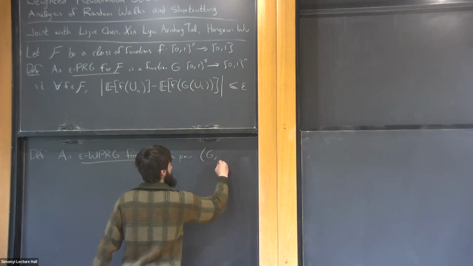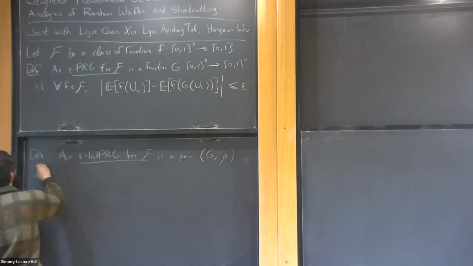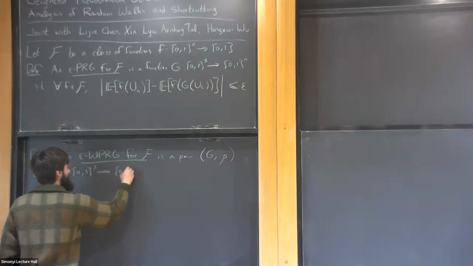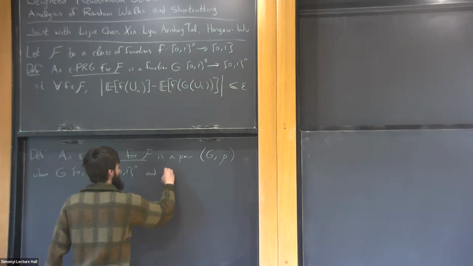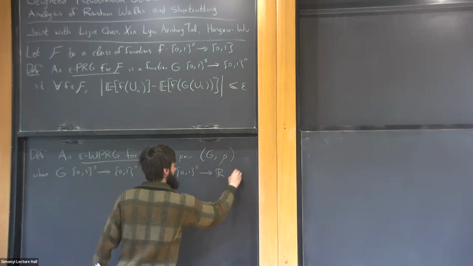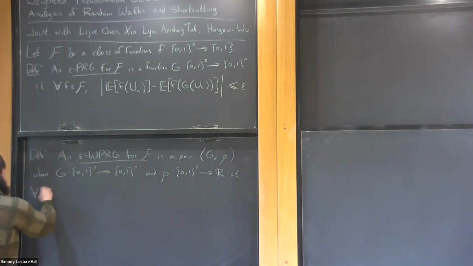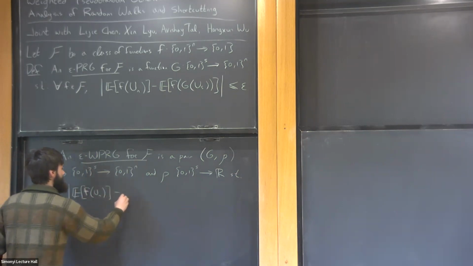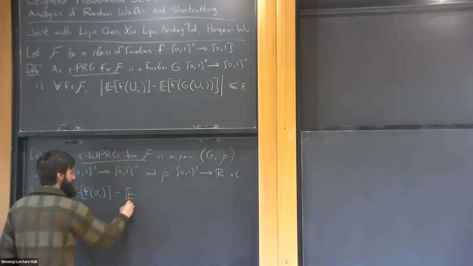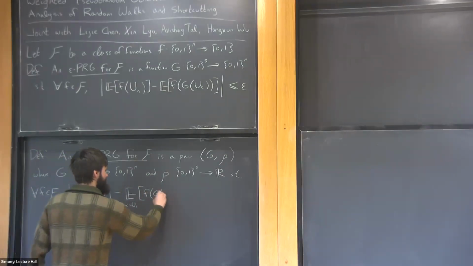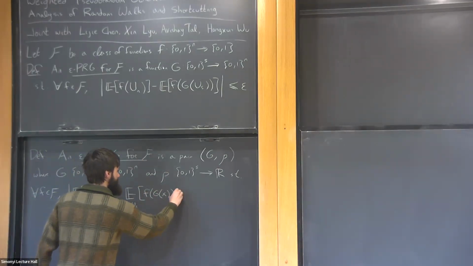So we have G and also rho, where G still maps an S-bit seed out to an N-bit string, and rho is mapping the seeds to the real numbers, such that for every F in our class, the expectation of F on a uniform random input is well approximated by this experiment where we pick a seed at random and we stretch it out and plug it into F, and then we multiply by the weight of that seed.